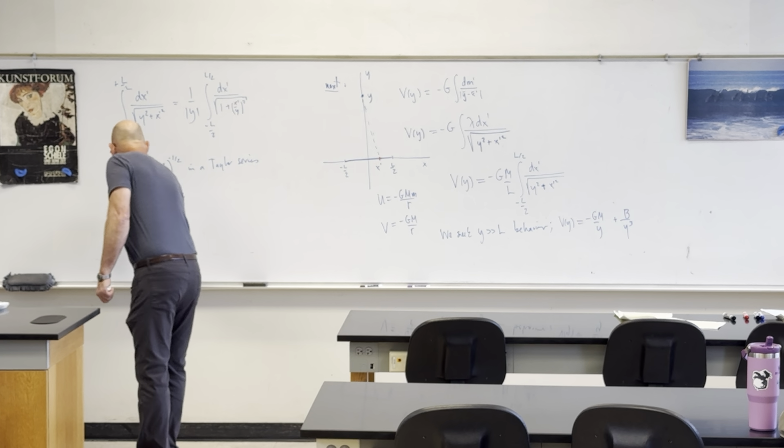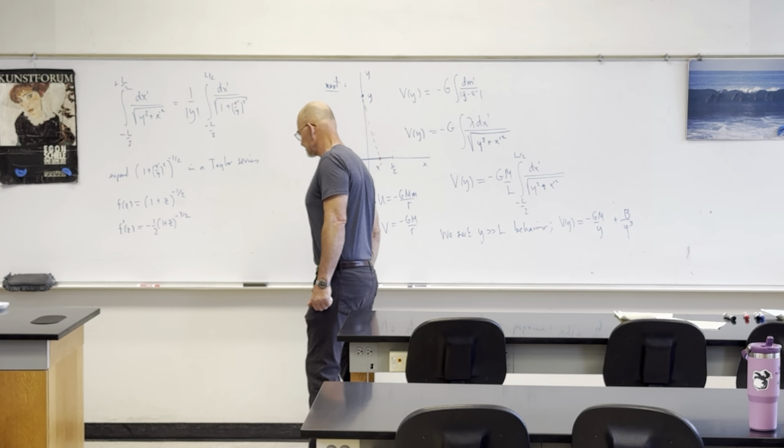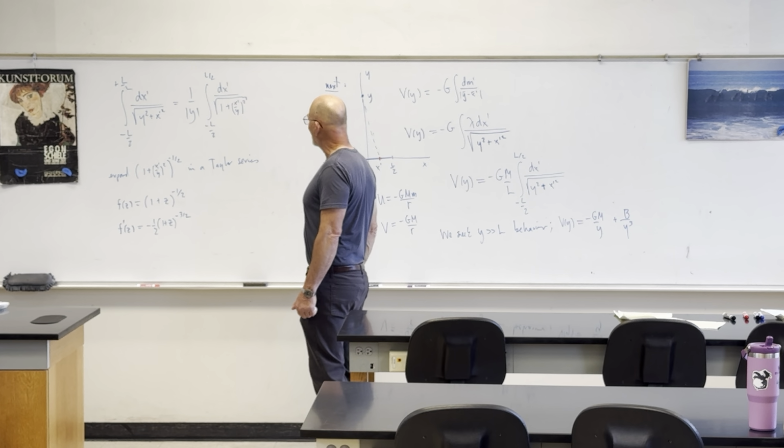So f prime of z is equal to negative 1/2, 1 plus z to the negative 3/2. You probably only have to expand it that far. We're going to have to do the f double prime.